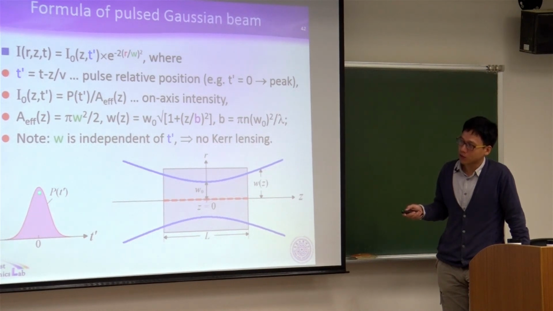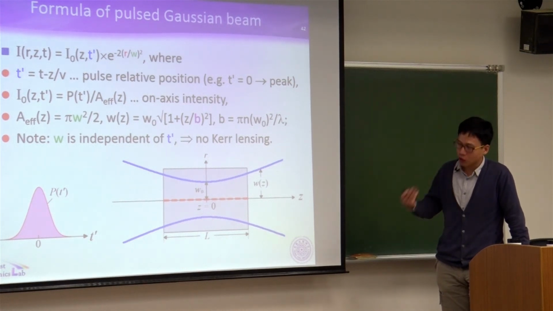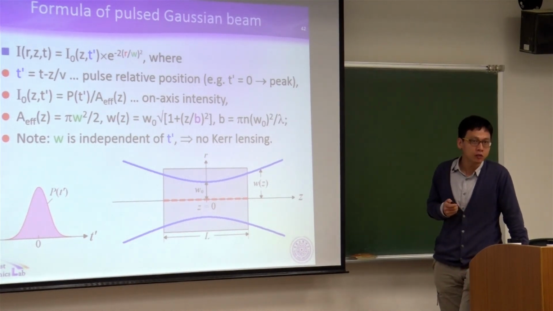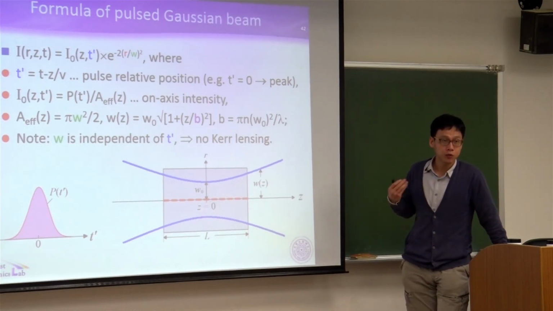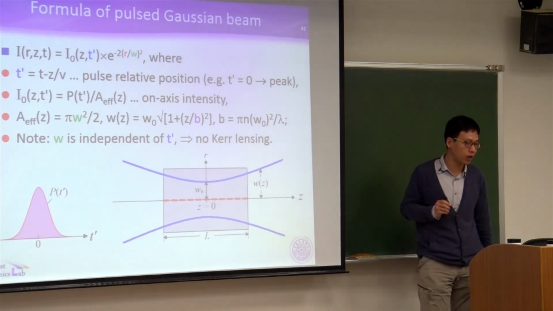T prime means the relative position of the pulse, so if W is independent of t prime, it does not change with pulse peak or pulse wing. So currently we assume the beam size only changes according to the linear Gaussian beam model in the absence of Kerr lensing. In the future, the Kerr lensing effect will be independently taken into account in other places, not here. Okay, so this is one extra comment.